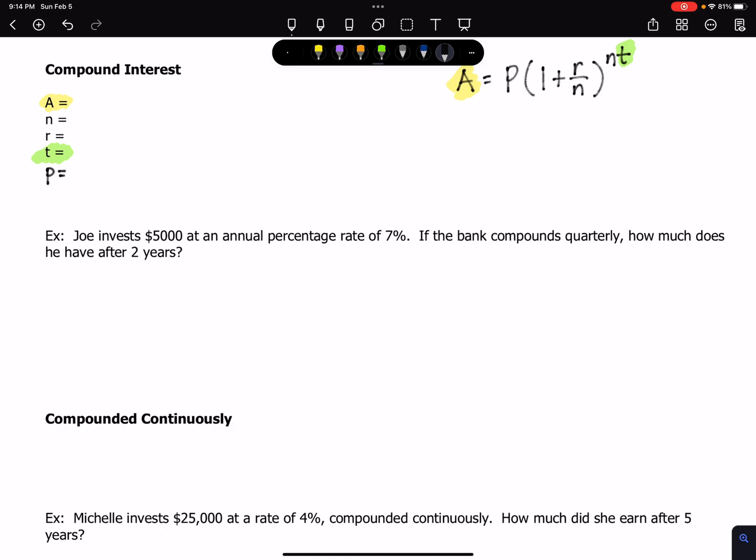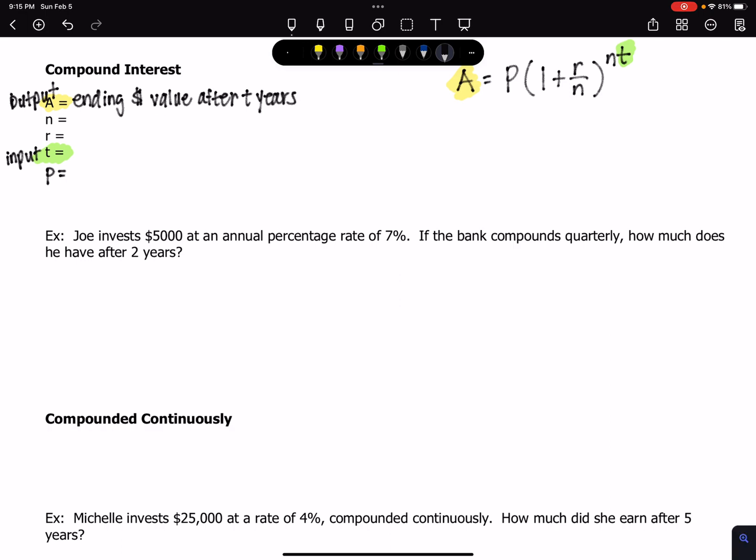So time is our input, and the amount is our output. A stands for our ending value, so it's our ending dollar value after t years.